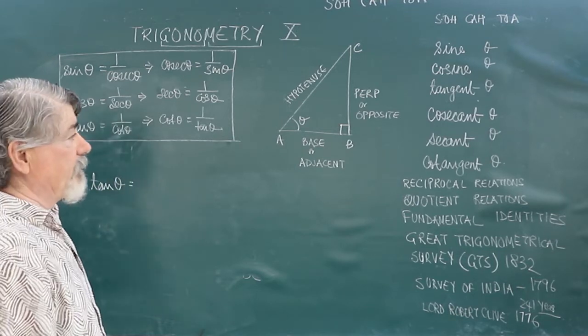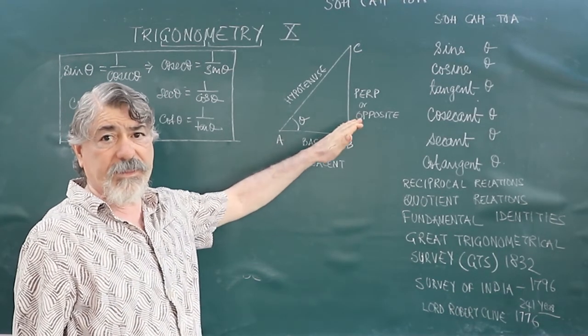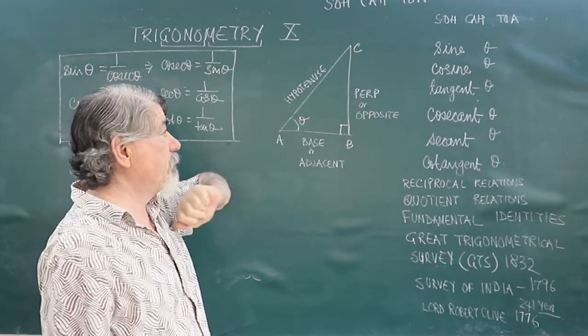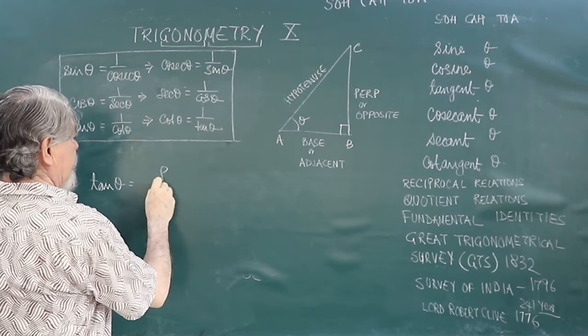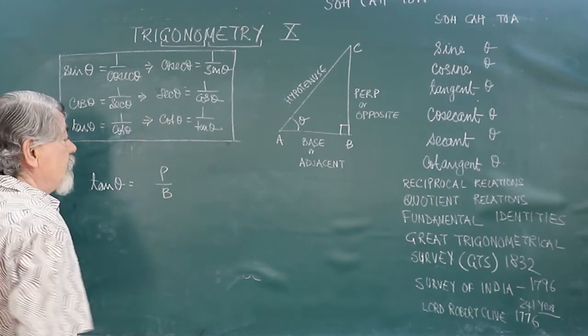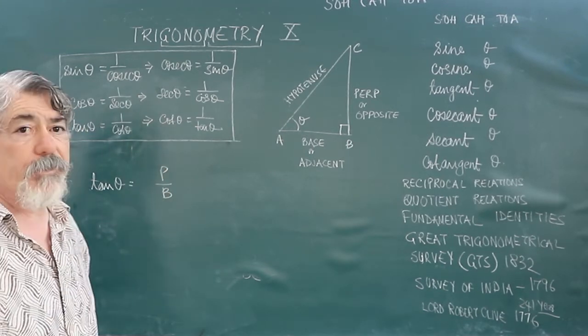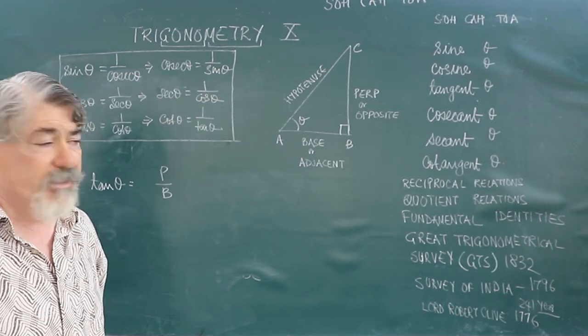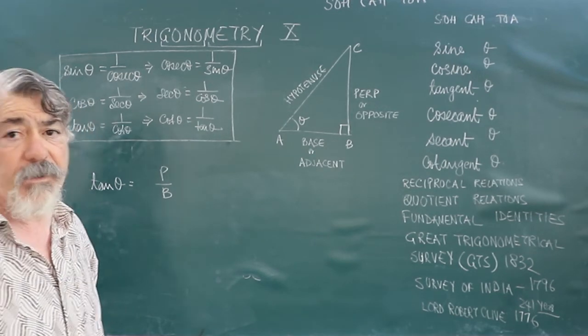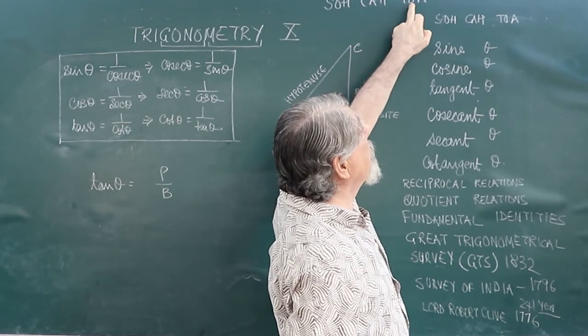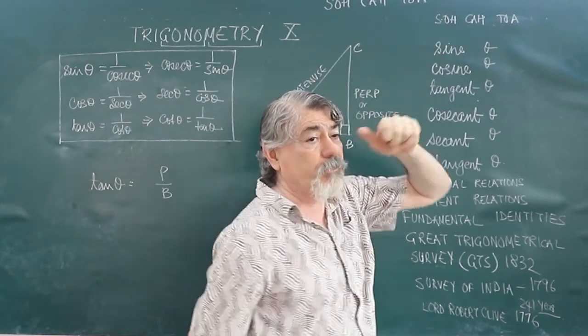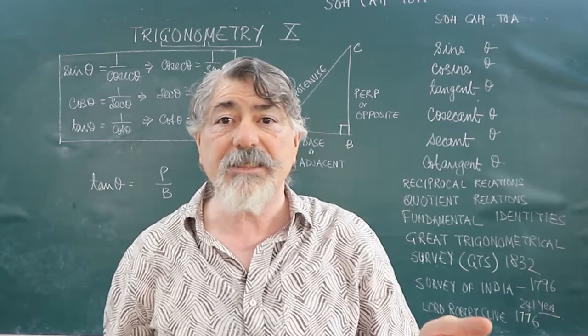If I look at tan theta here, what is this? Perpendicular upon base. Tan theta is opposite upon adjacent. Opposite is perpendicular, adjacent is base.